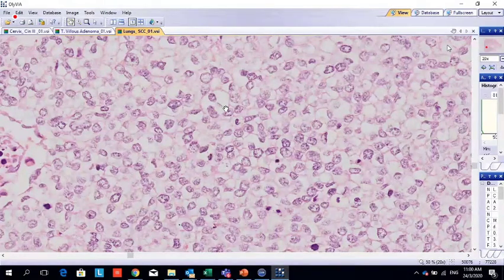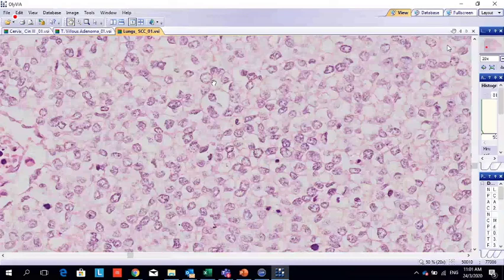Doctor, can you repeat about the vesicular nuclei? Okay. Vesicular nuclei usually have a deeply stained membrane. Can you see the membrane? And a pale center.